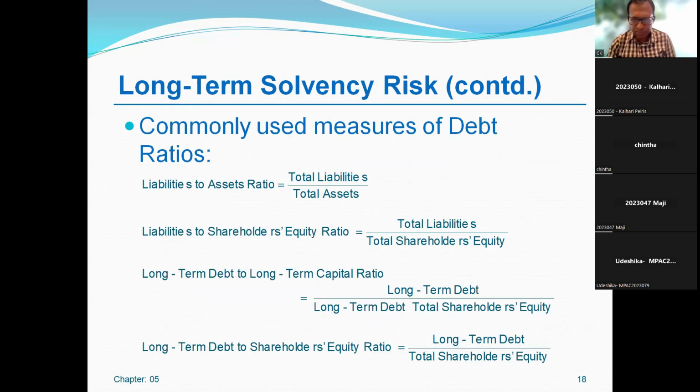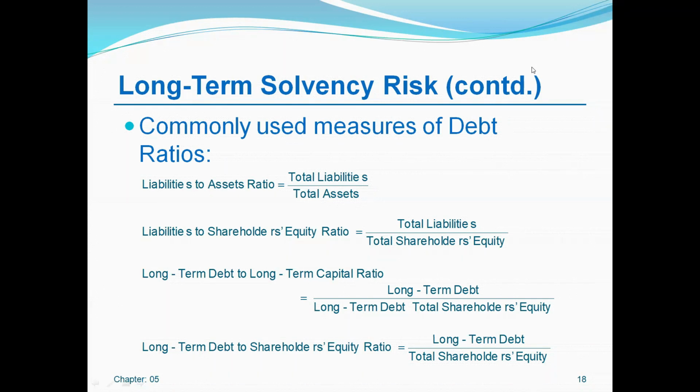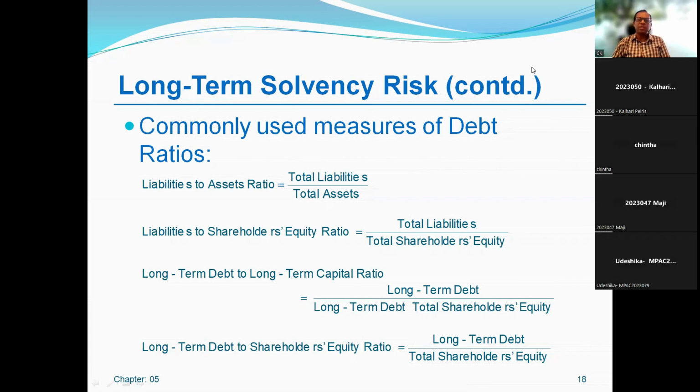Right. Then this slide talks about commonly used measures of debt ratios. So liabilities to asset. Total liabilities to total asset. The asset base of an organization is funded primarily through two channels.